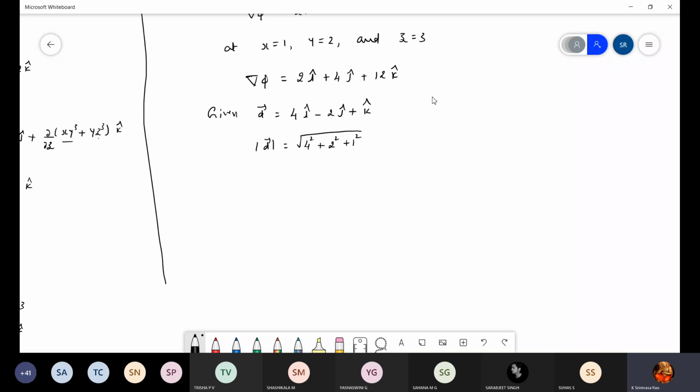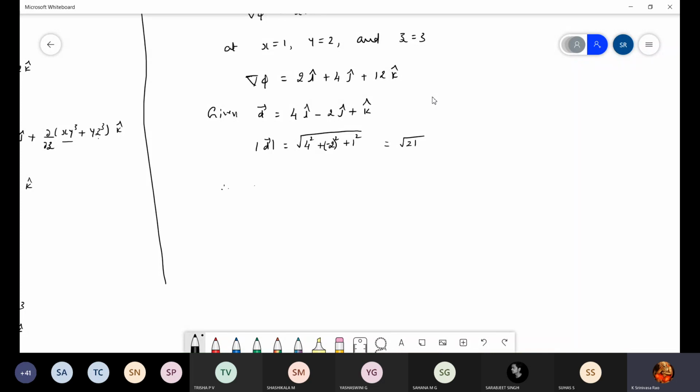Even though it is minus, you have to write plus only, inside the square root, no negative. Otherwise, if you have a doubt, you can write minus 2 whole square. So 16 plus 4 plus 1 is 21, root 21. It's not a perfect square and we can't simplify also. Let it be. So this is the magnitude.